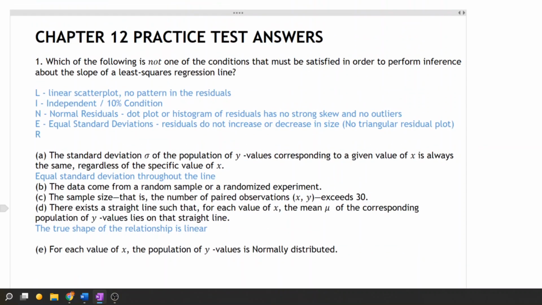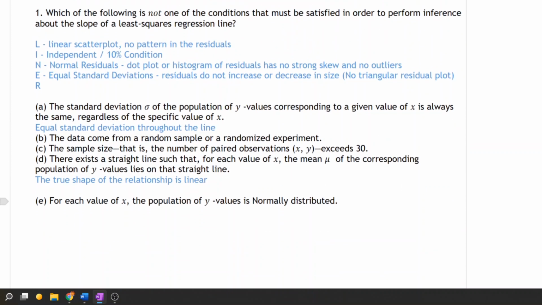Also, if you take a look at letter E, we see that for each value of x, a population of y values is normally distributed. And if you think about the y values being normally distributed, well, they're not going to hit the line exactly, but they could be above the line and below the line, which means that the residuals, which is the distance between the actual y values and the y values on the line, need to be normally distributed as well.